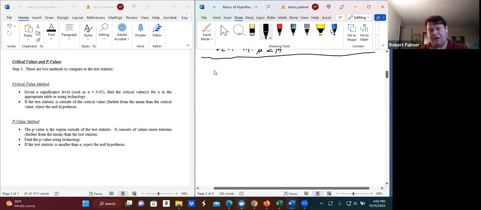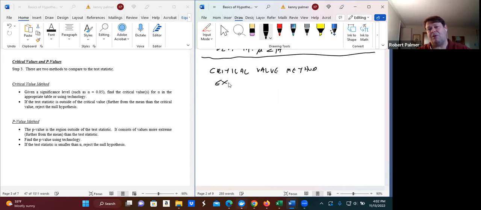Let's take a look at the critical value method to get an idea of how this works. For our example, let's say we have a 95% confidence level. That means our alpha, converting to a decimal, is 1 minus 0.95, which is equal to 0.05.